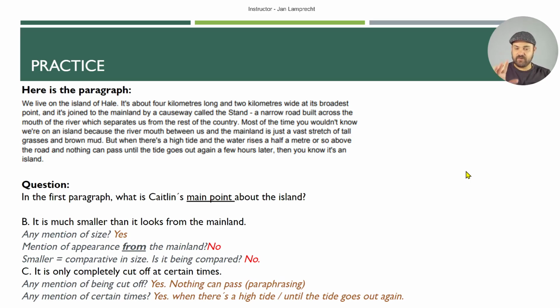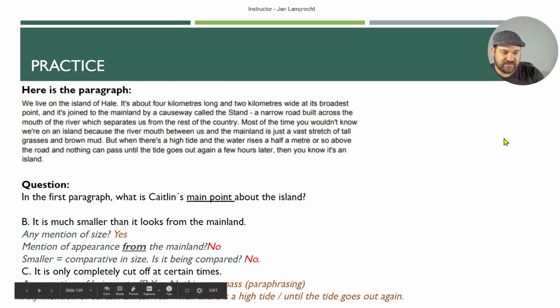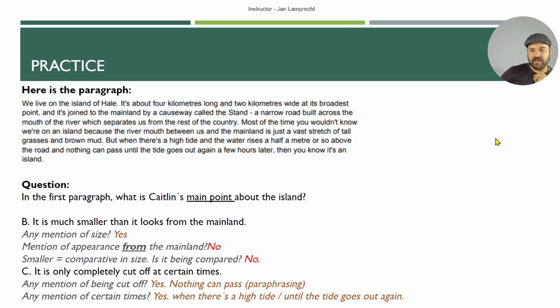But let's look at C, because remember, you need to have that connection to be sure. It is only completely cut off at certain times. So yes, we found cut off. Nothing can pass. Paraphrasing, nothing can pass. Let's give that a tick. Now, any mention of certain times? Look at the question: it is only completely cut off.